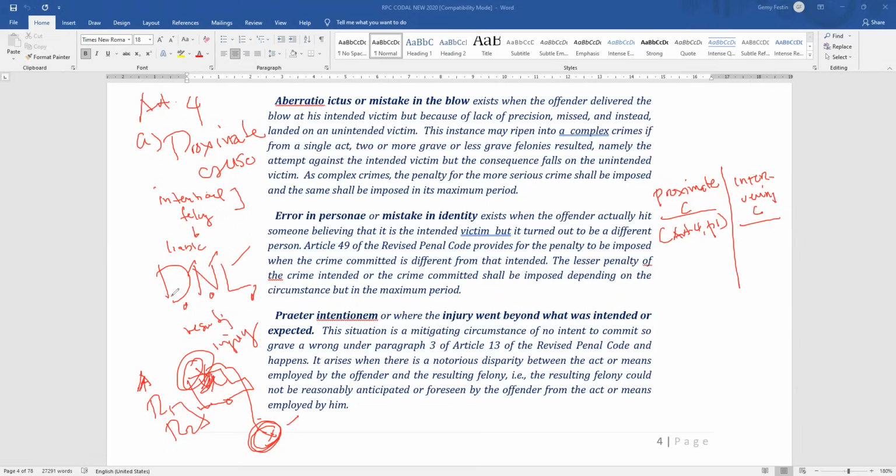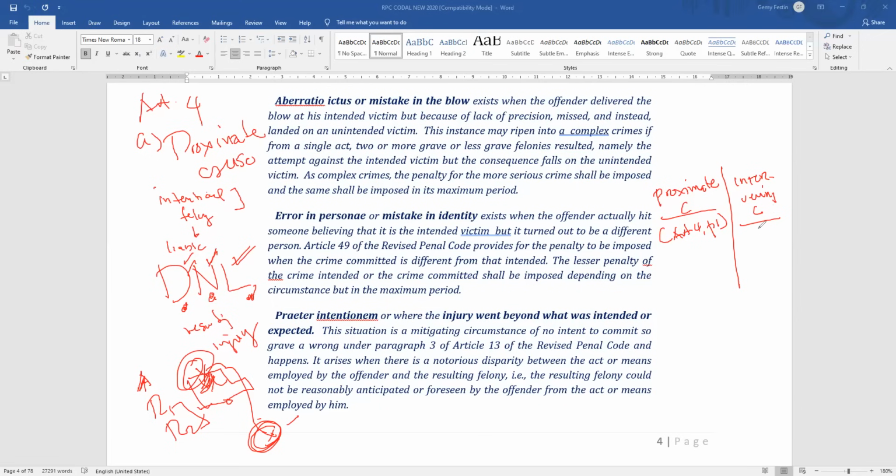No. Why? He's only liable for DNL, which is the direct, natural, logical consequences of his unlawful act. If the resulting injury is not the direct, not the natural, not the logical consequences of his act, then this is not applicable.